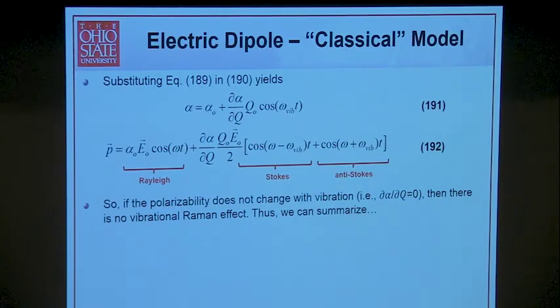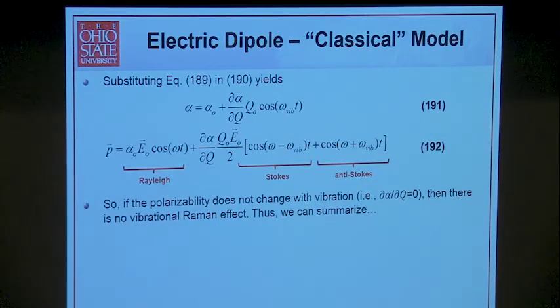So really, in order to have vibrational Raman, or even rotational Raman, which we'll talk about, there needs to be a change in the polarizability with vibration. The other way to state this is that for the vibrational Raman effect to occur, a vibrational change results in a change in the polarizability.